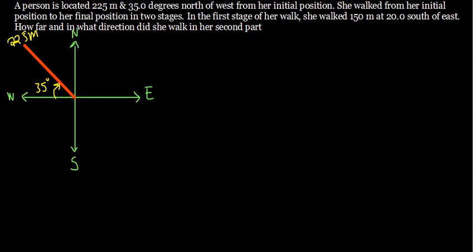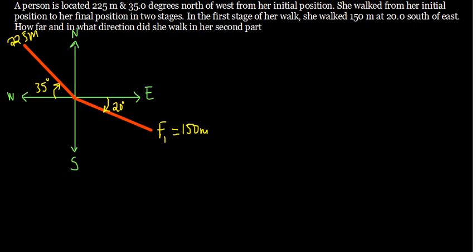And remember, the east is the second thing to be mentioned, so that is where you are coming from. So for the first move, she goes 20 degrees south of east. This is the angle given, 20 degrees, and this is our first walk. Let me call it F1, and the magnitude they've told us is 150 meters.